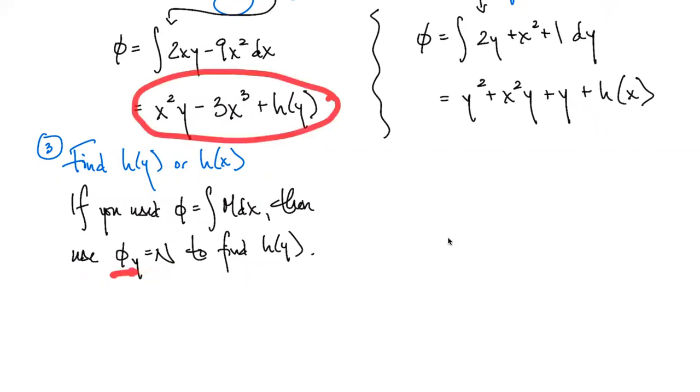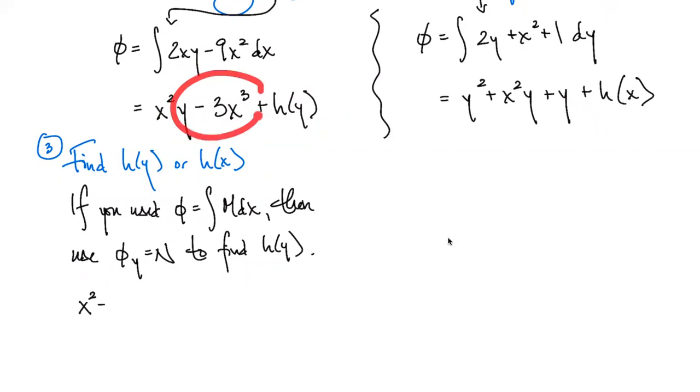We're going to take a partial with respect to y. So that's going to give us x squared minus, what is the derivative of negative 3x cubed with respect to y? It's 0. And what is the derivative of h of y with respect to y? Plus h prime of y.